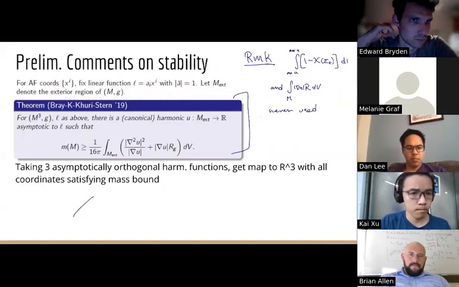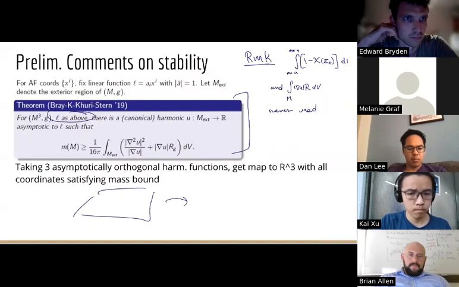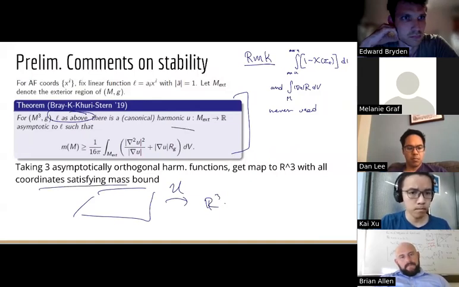Okay, so we were allowed to take any L, a linear function at infinity. If you take that to be x1 or x2 or x3, you get 3 different harmonic functions that you have this nice formula for. And so you can combine that into a map to R3, so that each component is satisfying these nice bounds.